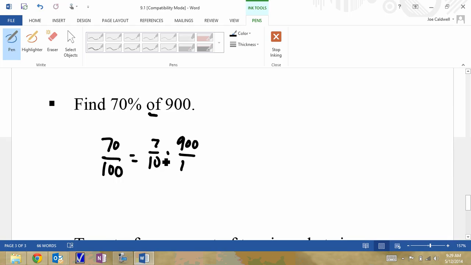And we can have 10 go into 10 once, 10 go into 900 90 times. You'd have to do a little multiplication of 90 times 7, which would be 630. So again, turn the percent into a fraction. Of means multiply, and you multiply it by the number.